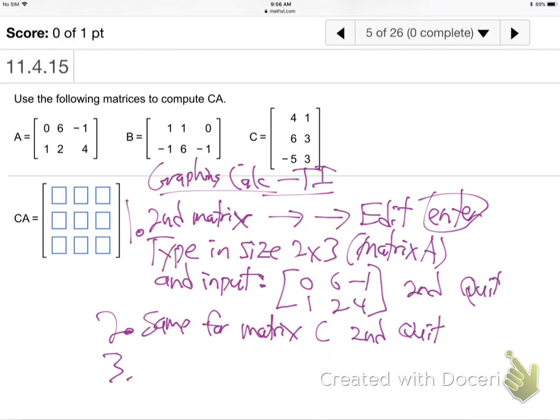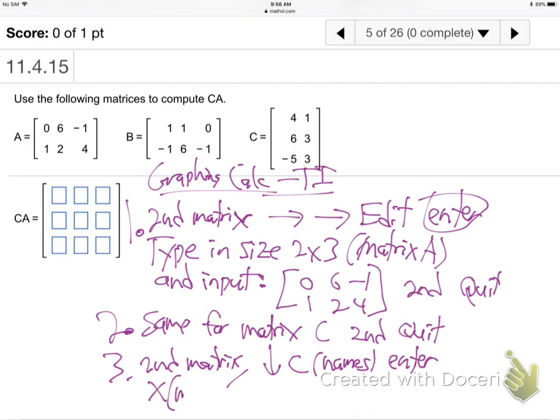So let me write down those steps. What was it? It was second matrix. So step 3 was second matrix. And then, what did I do? Second matrix. Oh, and names. So I went down to C on names and hit enter. And then times on main screen.